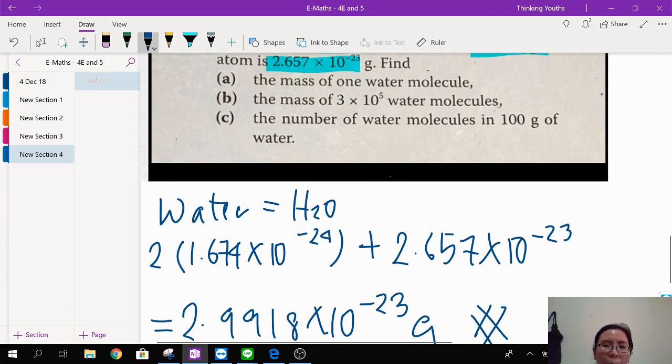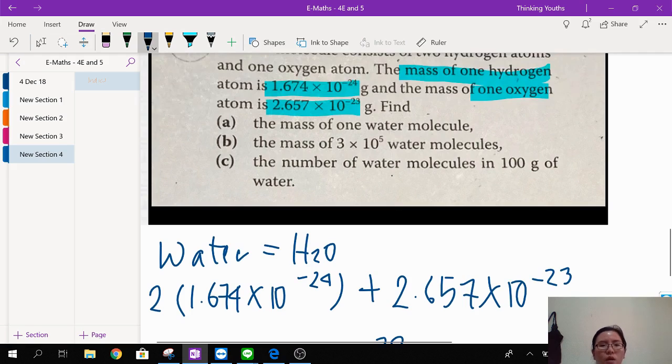So find the mass of the 3.3 times 10 the power of 5 water molecule. Find the mass.